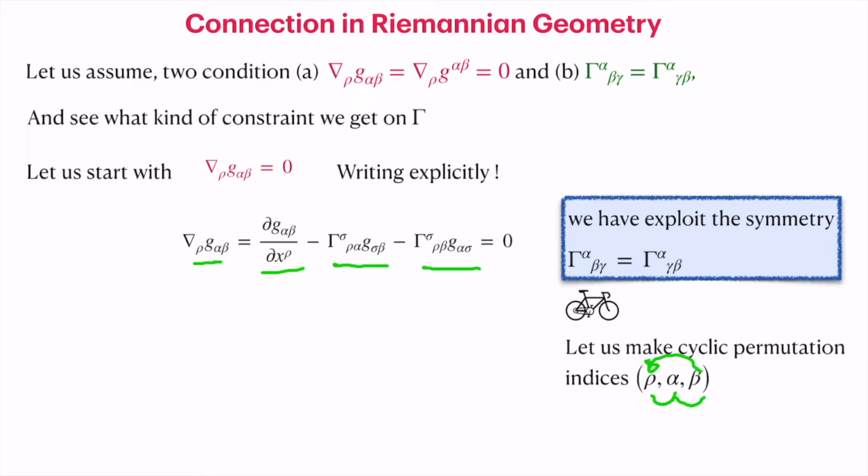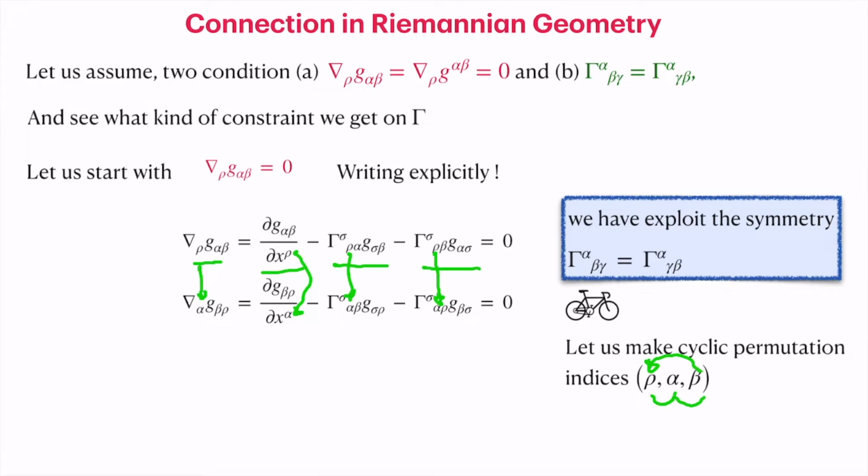This way we can obtain two more equations. Let's look at the first equation. In this equation, all the rho are converted to alpha. That is, this one rho is converted to alpha, this rho is converted to alpha, this rho is converted to alpha, and the last term, which involves rho, is also converted to alpha. Same way you can look at this.